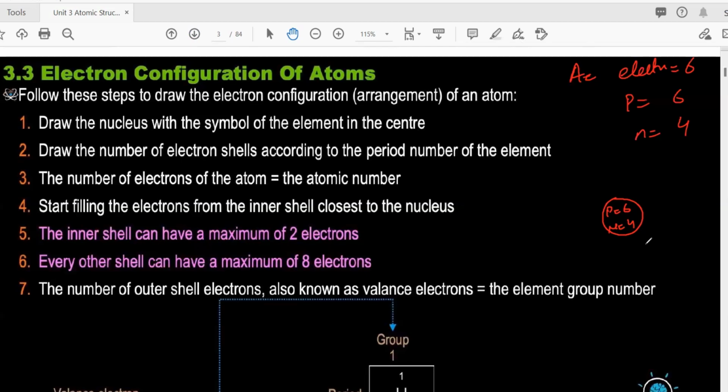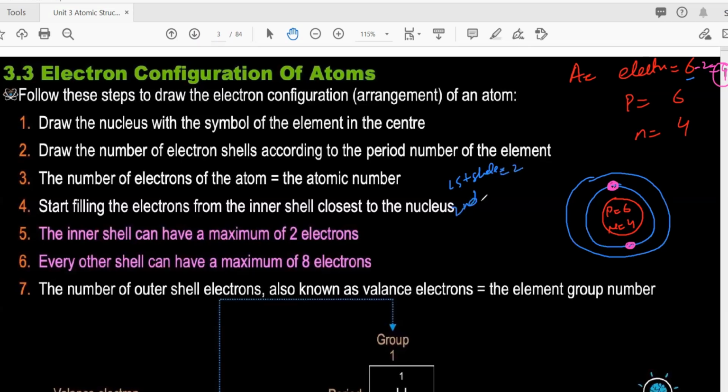After that, I will draw the shells because I have to put electrons also. So I will draw the first shell. There is a rule that in the first shell, you can put a maximum of 2 electrons. It means of the total 6, 2 have gone, 4 are left. So I have to draw another shell. This is the second shell. In the first shell, how much do I put? 2 maximum, because you cannot put more than 2.